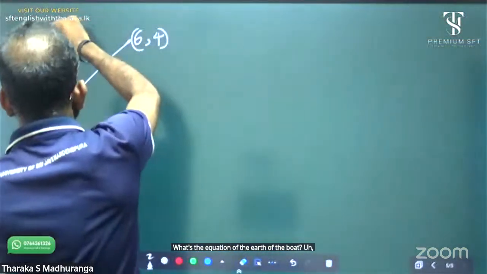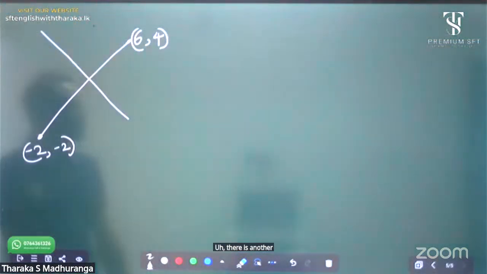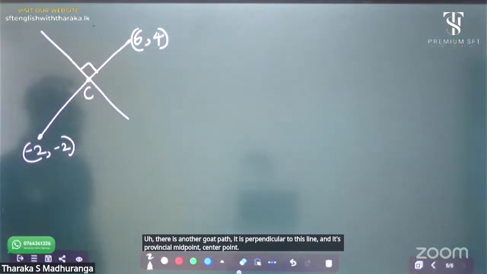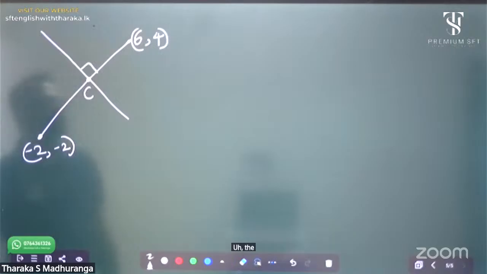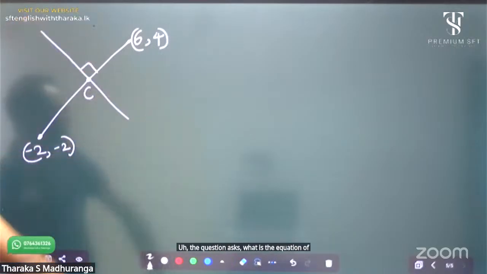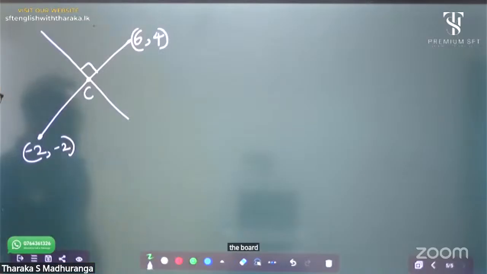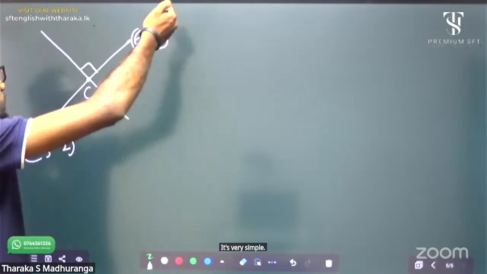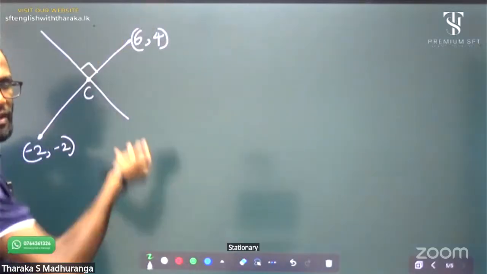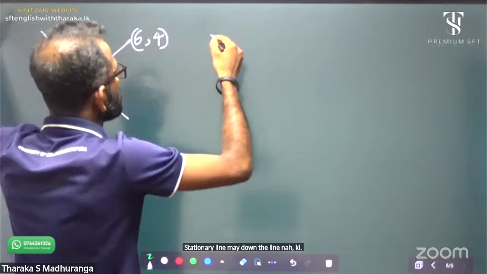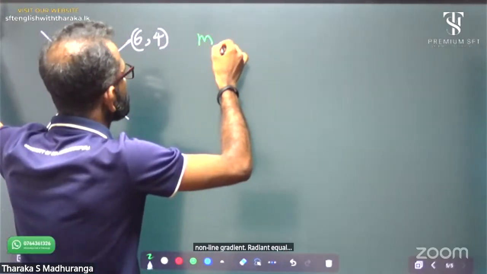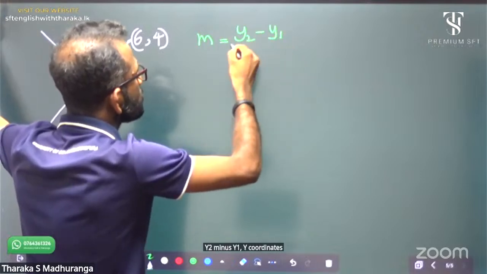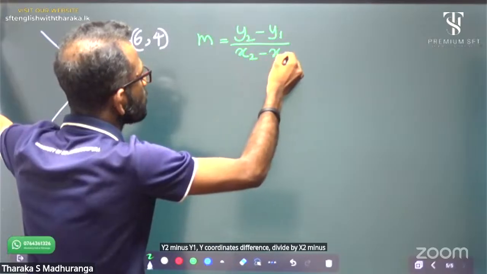There is another boat path. It is perpendicular to this line and it's going to the midpoint, the center point. The question asks, what is the equation of this line, the boat path? How to get this? It's very simple. First of all, calculate the gradient of the known stationary line. Gradient equals y2 minus y1, the y coordinate difference, divided by x2 minus x1.